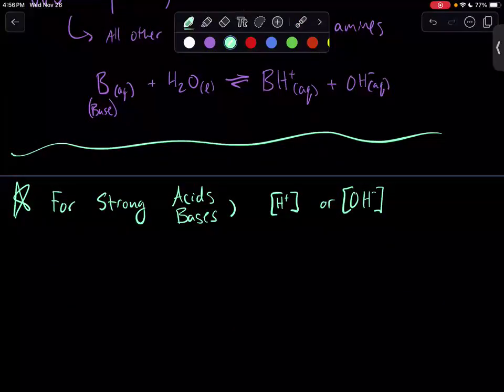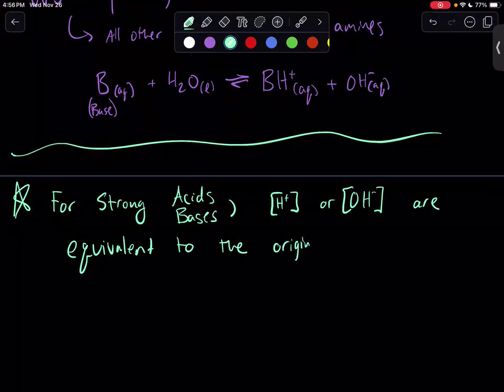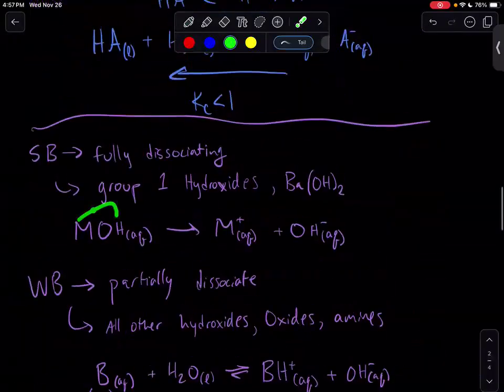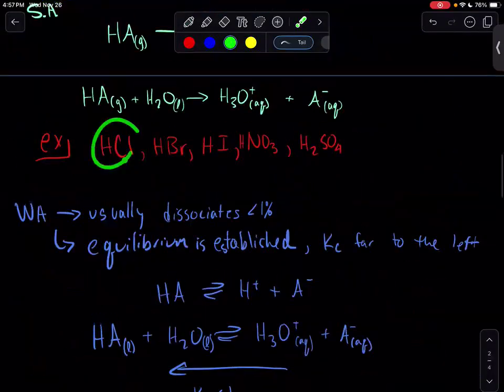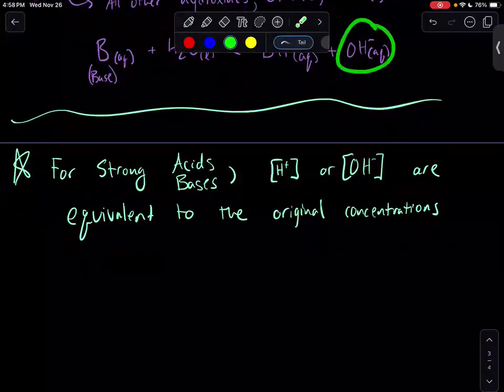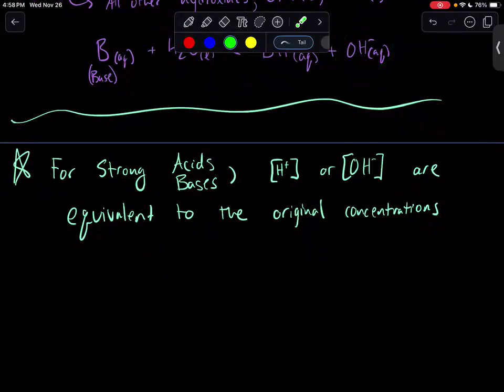So for strong acids and bases, the H+ concentration and OH- concentration are equivalent to the original concentrations. This means that your original concentration of your MOH or your original concentration of your HCl or HBr is equivalent to the concentration of hydrogen ions in solution for strong acids or the concentration of OH- ions in solution for strong bases. You do not need any equilibriums or ICE tables to figure that out.